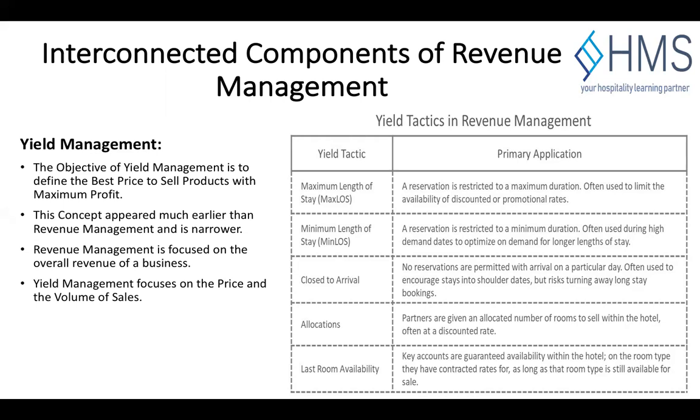So these are yield tactics that are applicable in the concept of revenue management, because allocations would be room allocations to certain partners within the hotel at a discounted rate, or there are certain OTAs that the hotel works closely with or is associated with, and rooms are allocated to them.